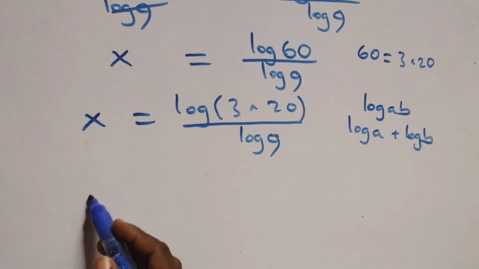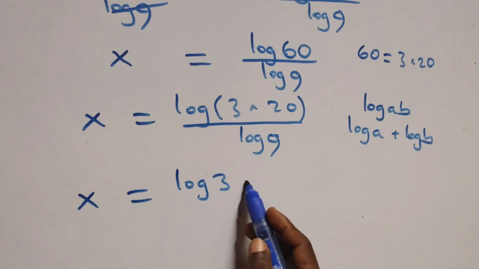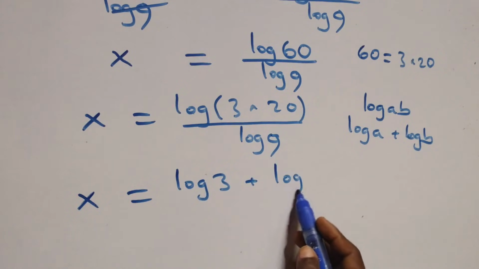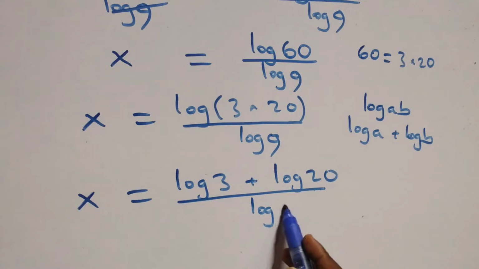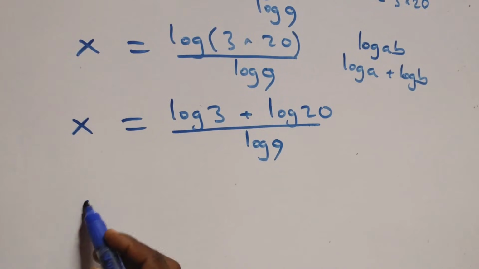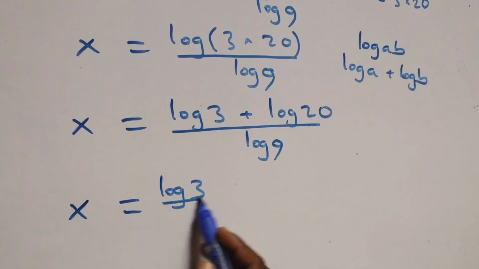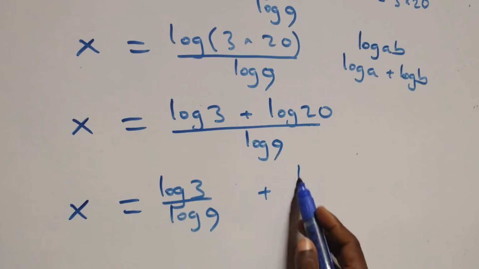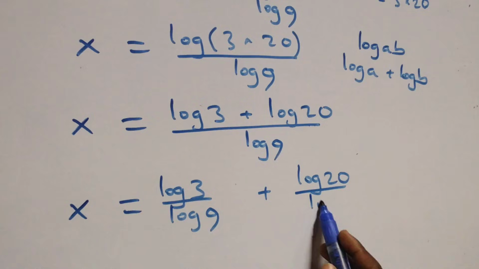So I can write this as x equals to log 3 plus log 20 over log 9. Then separate this into two fractions, and we have x equals to log 3 over log 9 plus log 20 over log 9.